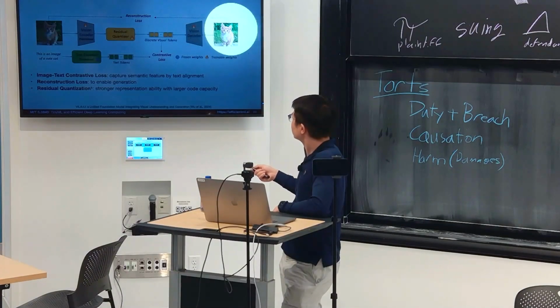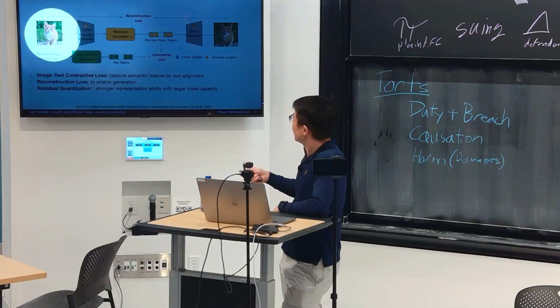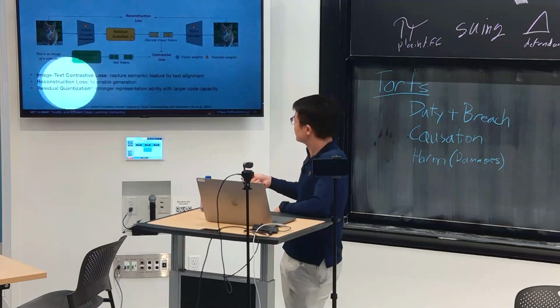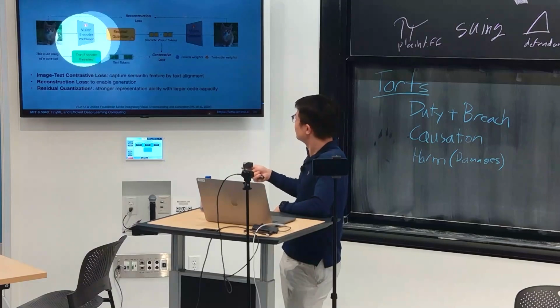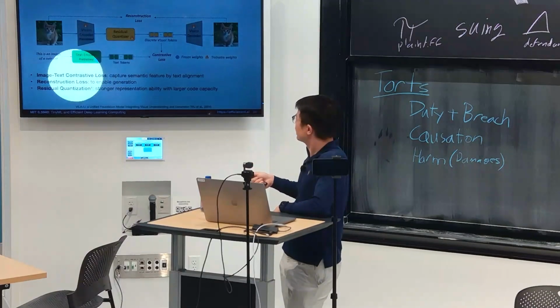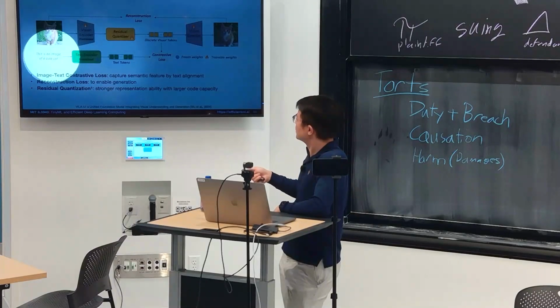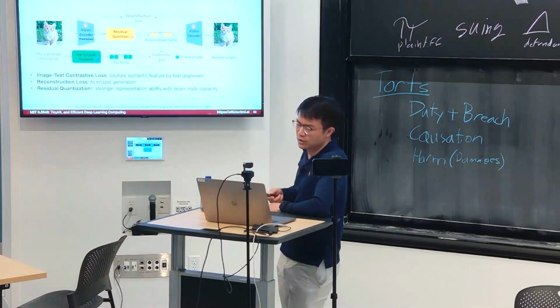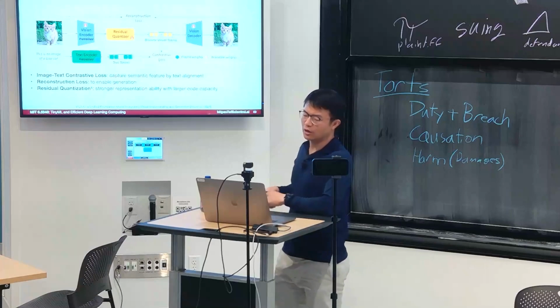We want to make sure the reconstructed image and the original image match very well. That's the reconstruction loss to enable generation. The second part, we want to enable the image-text contrastive loss to make sure the image tokens and the text tokens are very close, so that we capture the semantic features through text alignment. So image and text are aligned together.